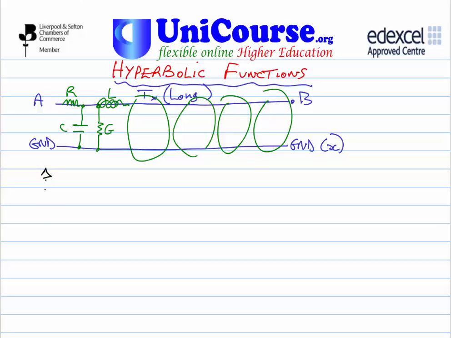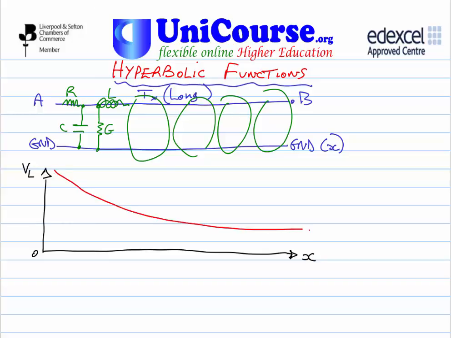Well, let's draw a graph. We can have the line voltage VL here. We have our x-axis running along the ground, and the type of graph that we actually see looks a bit like this. That sort of shape. What is that shape?